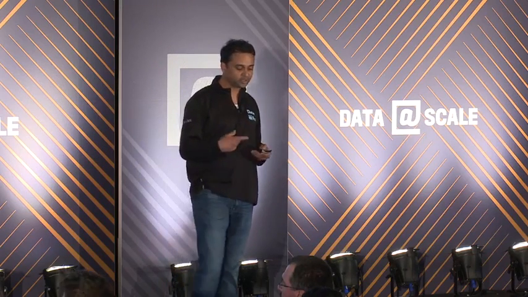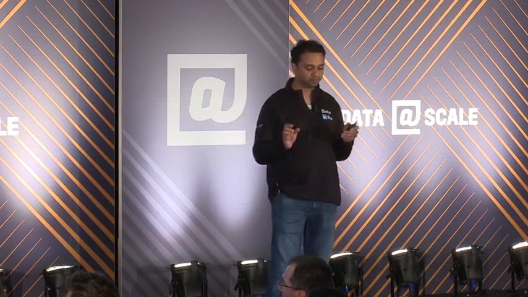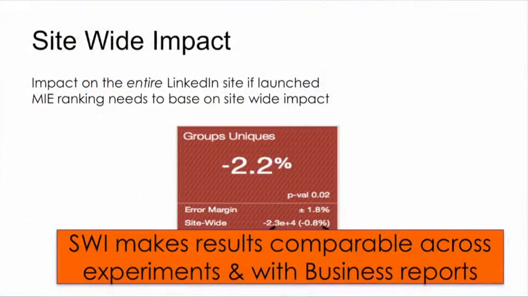So when you actually ramp it even for the entire one, that actual effect on the metric would be a lot lower simply because now you're looking at it in the site-wide context. And the reason that's important is that site-wide impact makes results comparable across different experiments and also consistent with the reports that your product owners and executives are looking at.